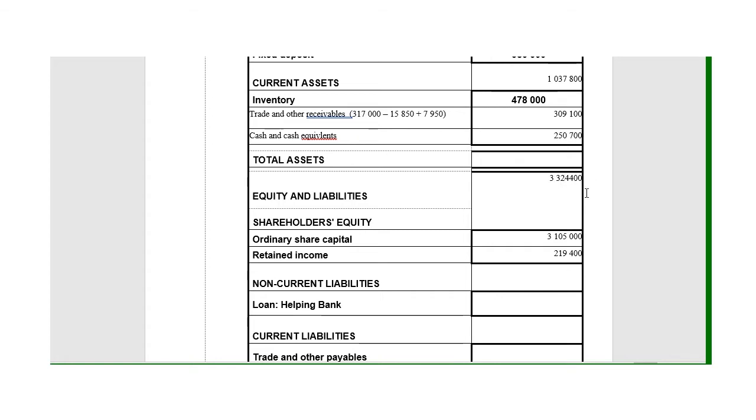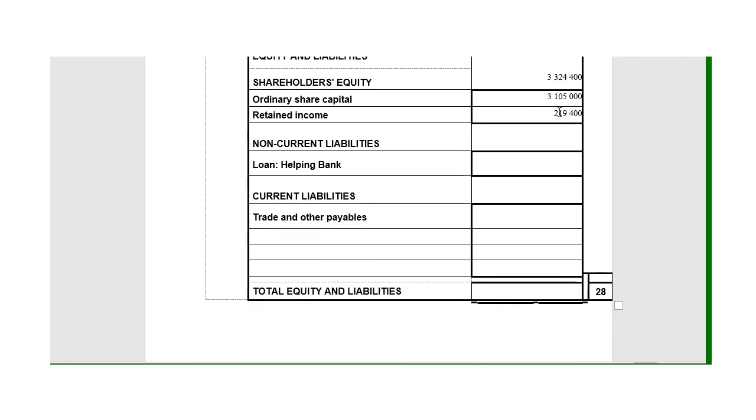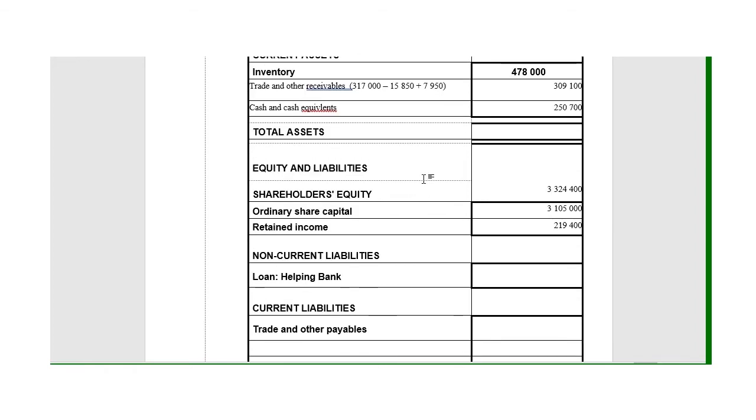Let's just get them sorted out a bit better. Move it down. Good. So that was my shareholders' equity, all from the notes I've done. So those marks I must get because they were basically given to me.